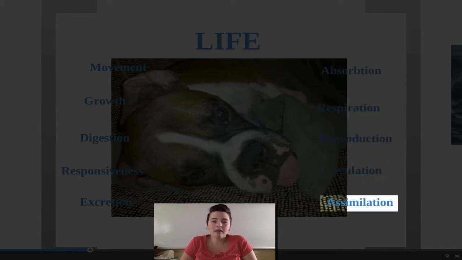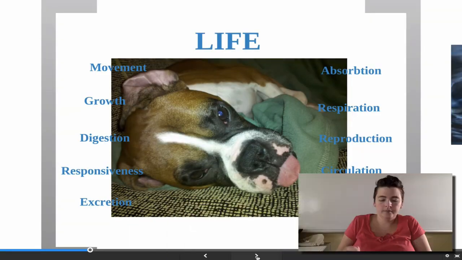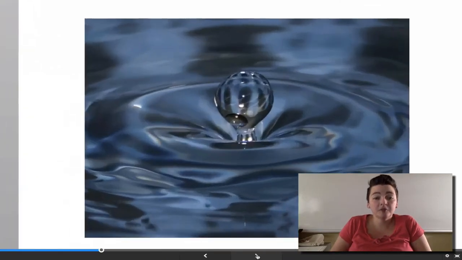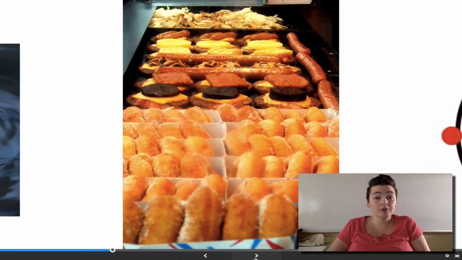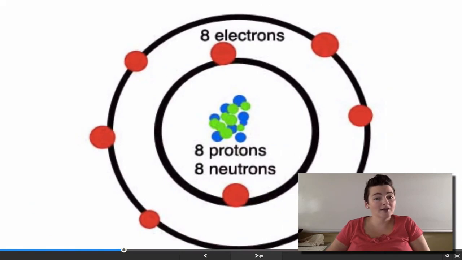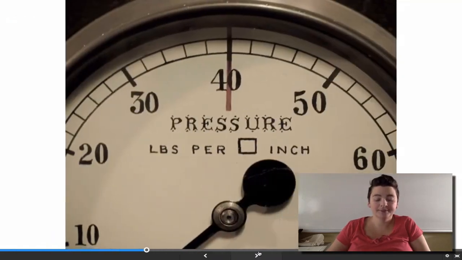Assimilation is how well it can adapt to its everyday surroundings. There are 5 things that are essential for life. First is water, food, oxygen, heat, and pressure.